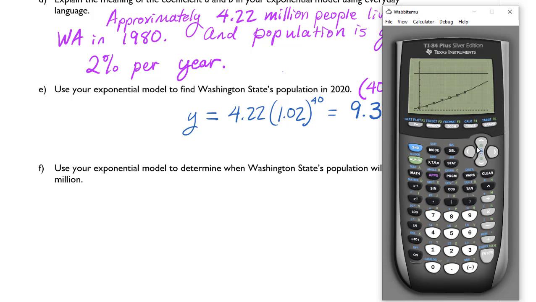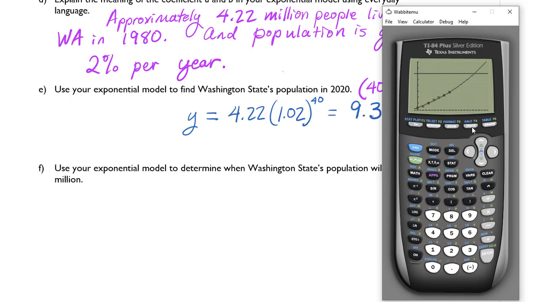Now I can see right away that that's not reached yet. So I need to make my window a little bigger so that more time has gone by before I will be able to find when the population is at 10 million. So I'm going to make my X max 66 years instead and see what happens. There we go. So this intersection right here is when time has passed long enough for the population to grow to 10 million.